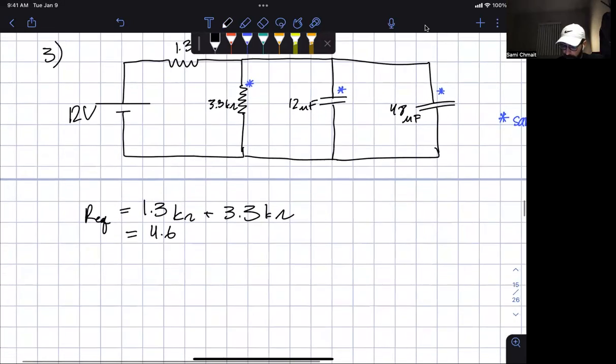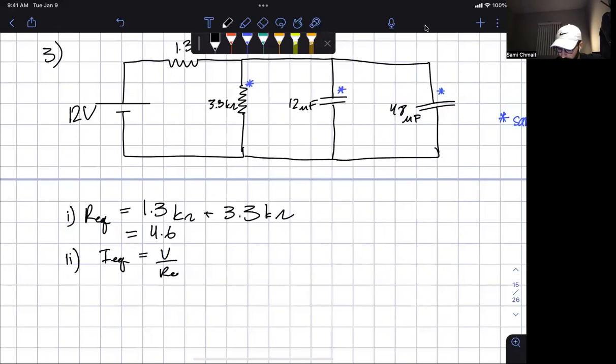And now we have to find the I, so I'll call this part 1 of this question. What we're going to find next is that IEQ value, which is equal to V over REQ. What's that V? Well, that's equal to 12, right? That's the whole system. REQ we just solved for is that 4.6. So this whole thing comes out to be 2.6 times 10 to the minus 3 amps.